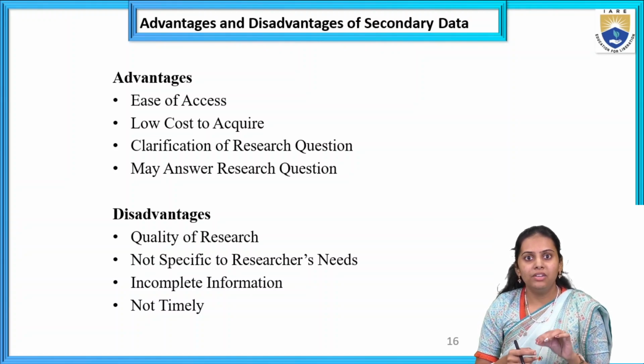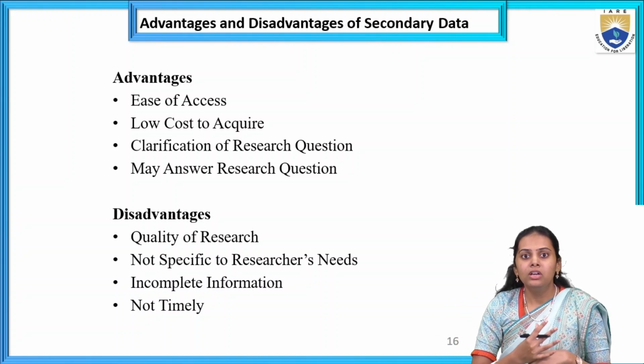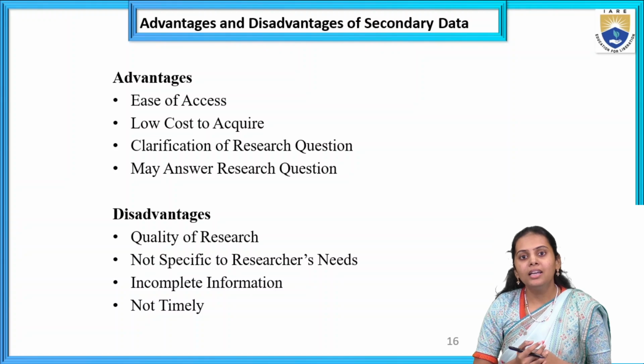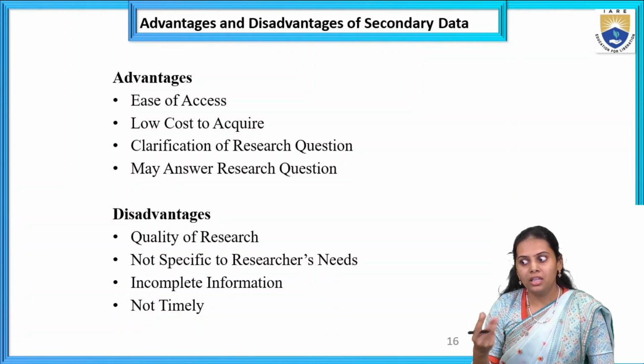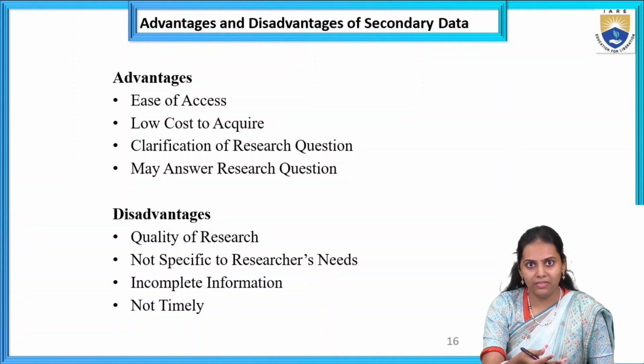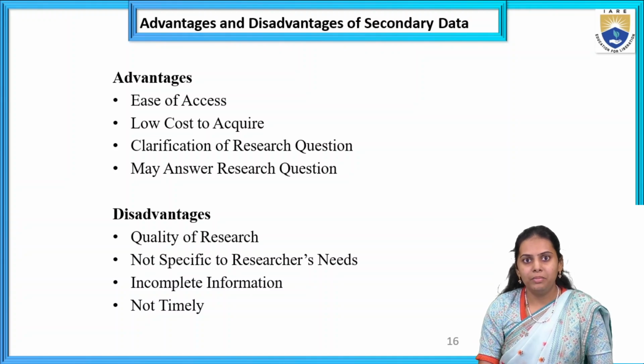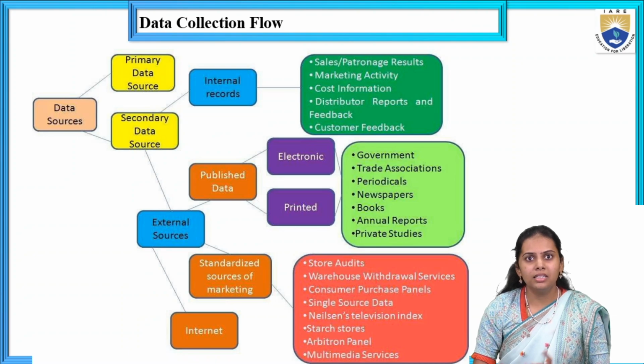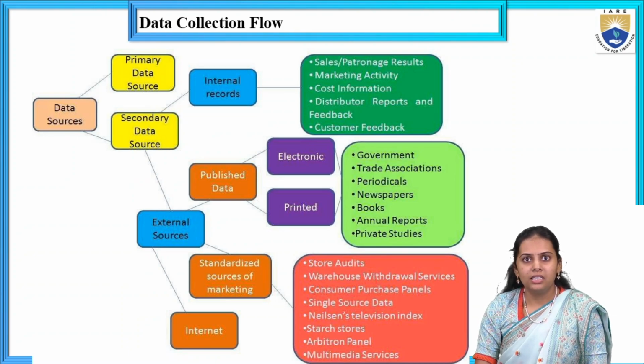Then incomplete information, a few recorded data don't have what the readers are really searching for. Then it was a little incomplete, and it is again not timely based on the researcher's requirement time. It may or may not be available. So that was the other limitation. And this is the data collection flow.